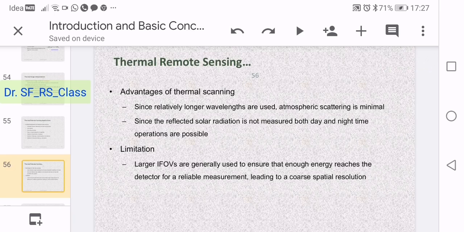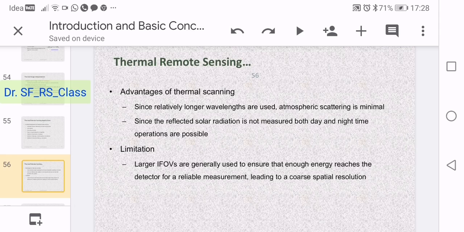The advantage of thermal scanning is that relatively longer wavelengths are used, and the atmospheric scattering is minimal. The scattering will be more in the shorter wavelengths. Since it's in the far end of the infrared, it has a longer wavelength, and the scattering is minimal. And since the reflected solar radiation is not measured, it can be done both day and night.